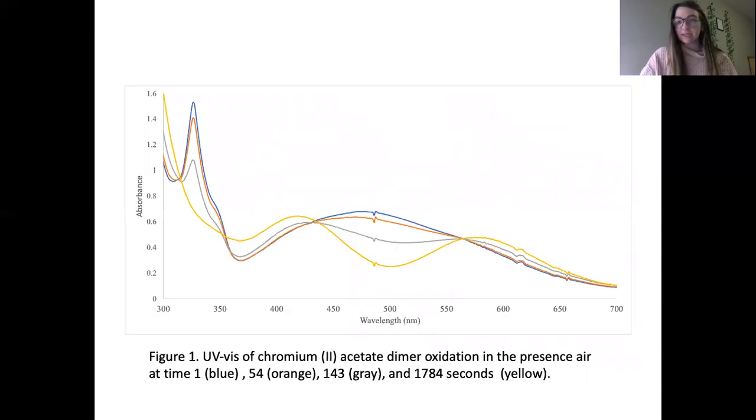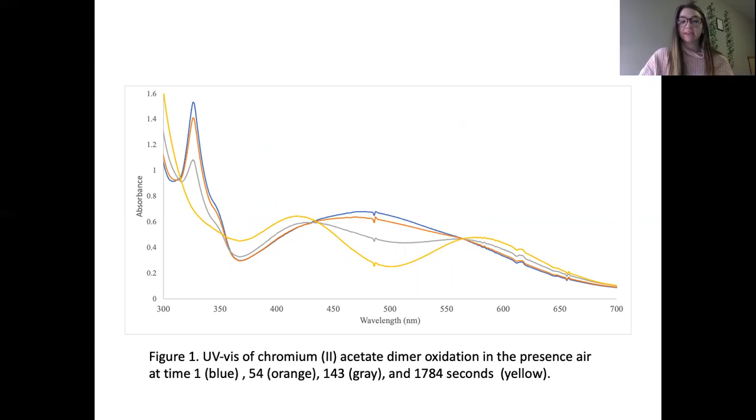So in order to study this, we used UV-vis spectroscopy, and we took spectra of our dimer complex every second for extended periods of time. So in figure 1 here, we see chromium 2 oxidizing in the presence of air.